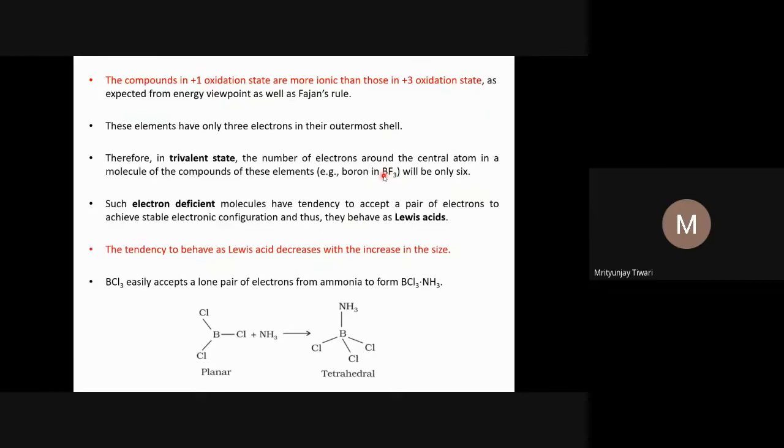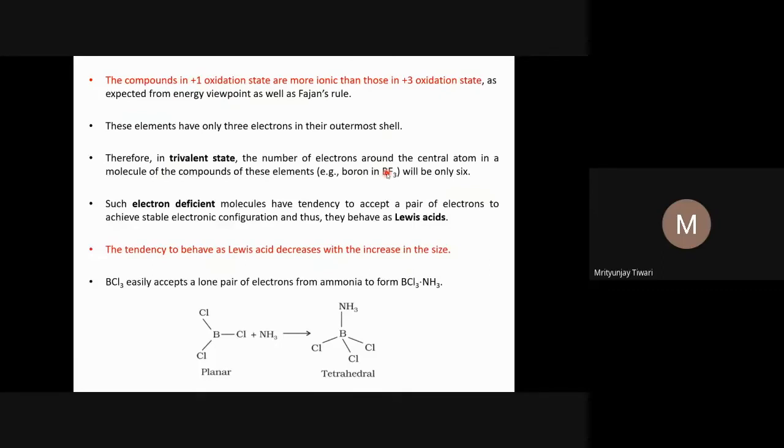So in BF3, if the sextet is there, the second period elements will follow the octet rule strictly. It means if 6 electrons are there, one p orbital will still be empty, at least for the second period. For the third period elements, one p orbital and the d orbitals will also be empty.